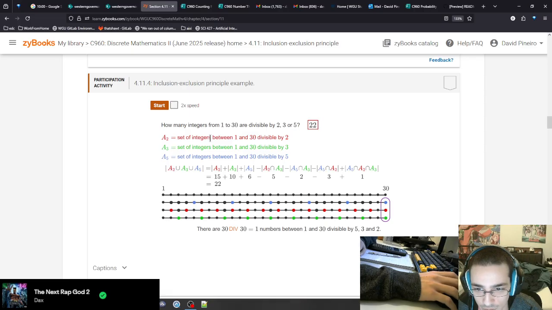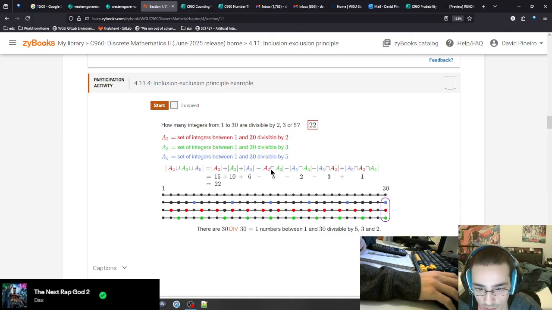So A2 is the set of integers from 1 to 30 divisible by 2. This one's by 3, this one's by 5. And all you gotta do is union all of them, and this will be the integers that are divisible by any of these numbers. And you gotta do the formula so they're not counted multiple times. That makes sense.